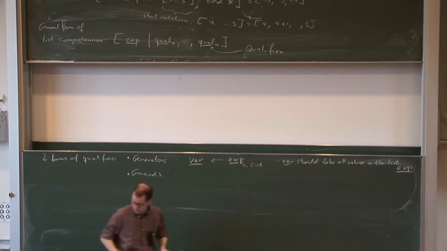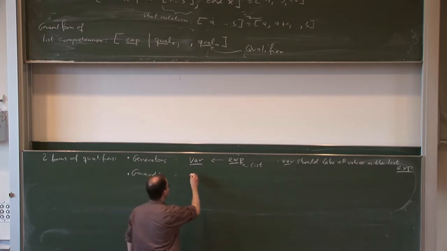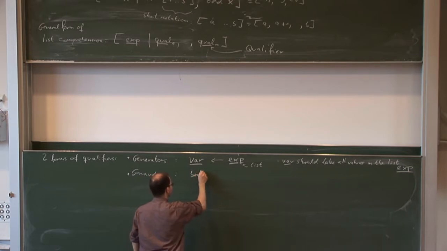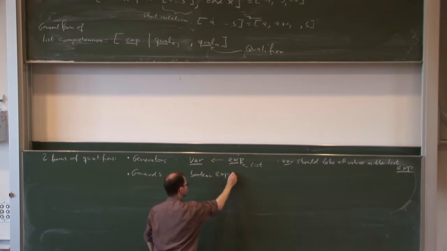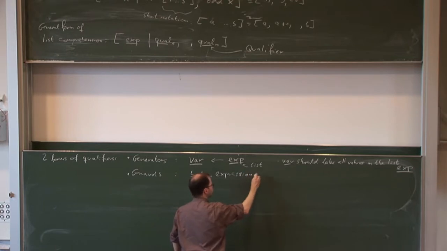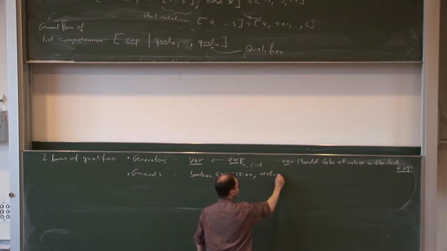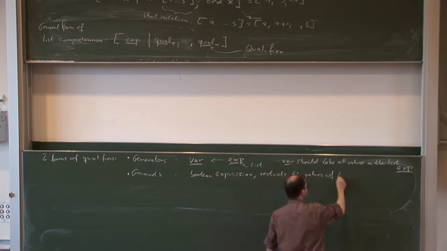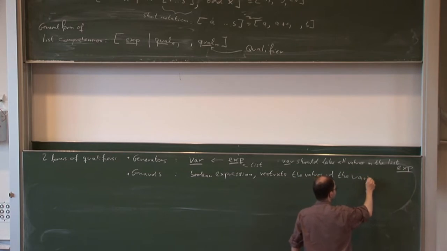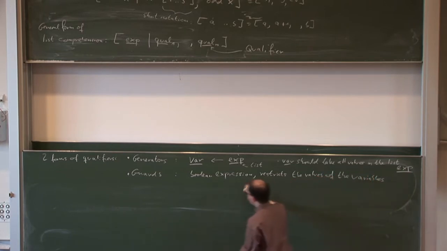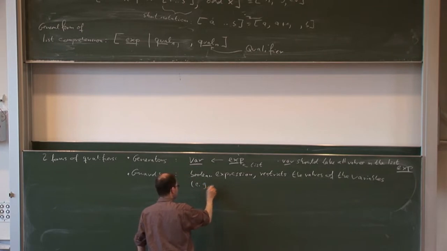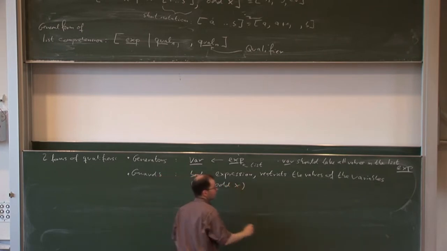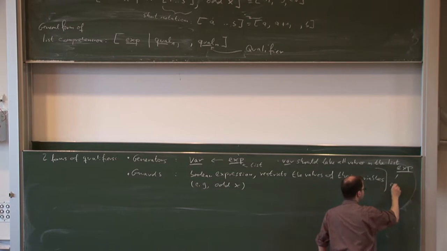So an example for this is odd x, and for the generators an example is x should take on all values from the list 1 until 5.